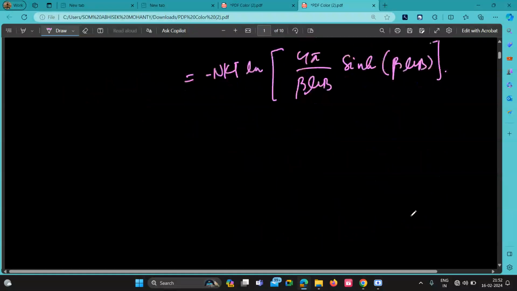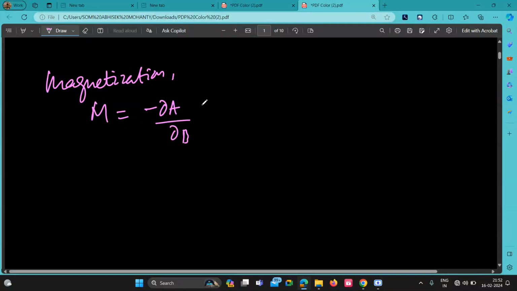Now is the magnetization. So M is equal to what? Minus del A by del B at constant temperature. So minus del by del B, B is the magnetic field.